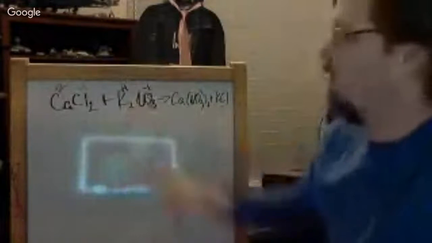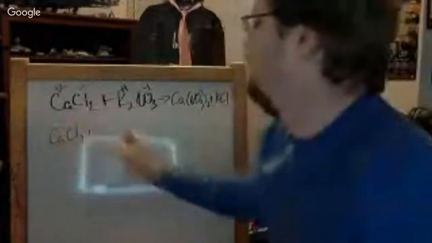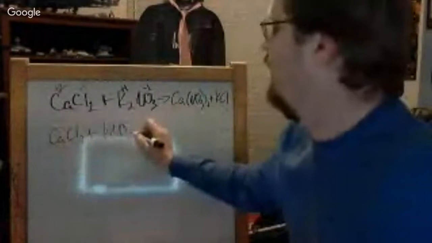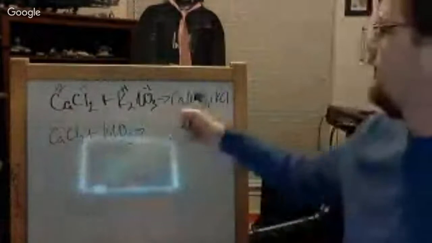That's a plus. So this formula is incorrect. Correctly, okay, well, we already know that this one's right. So CaCl2 plus, but since we really only need KNO3, now over here, CaNO3 2.